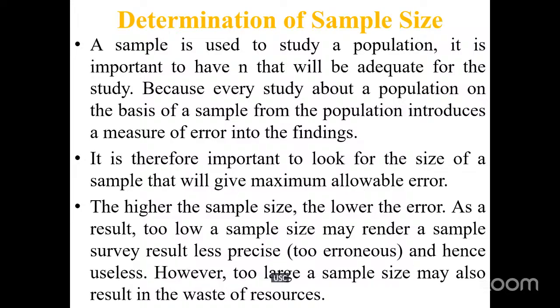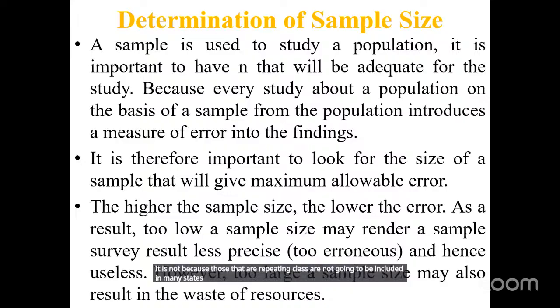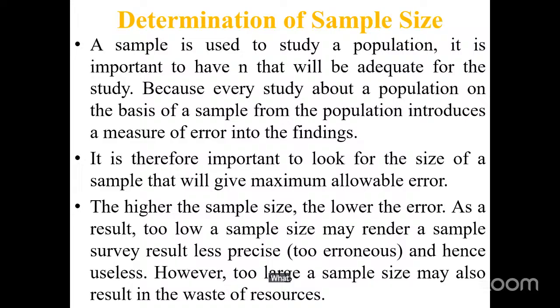To address this, what it simply means is that it is not, first of all, purposive sampling. Why? It is not because those that are repeating class are not going to be included that it makes it purposive. What it means is that they are not part of the study population. You understand? The repeaters are not part of the study population.